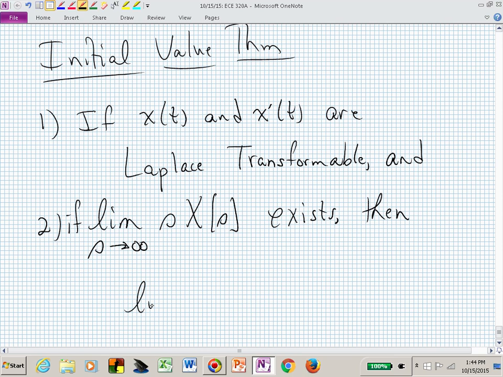We can say that the limit as time goes back towards 0 from the right, that's why we're saying 0 plus, of little x of t is equal to the limit as s goes to infinity of s capital X of s.